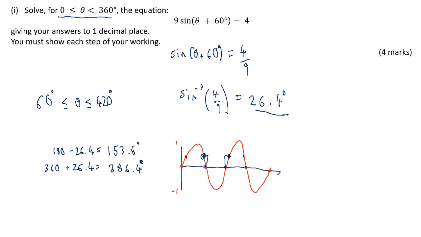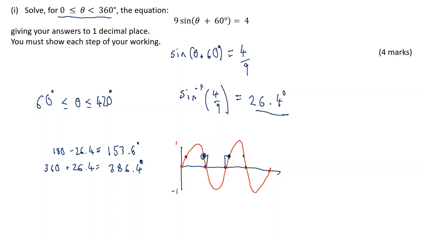This point is 540, so it would be 540 minus 26.4, which is 513.6. 513.6 is outside my range, so I'm going to ignore it.